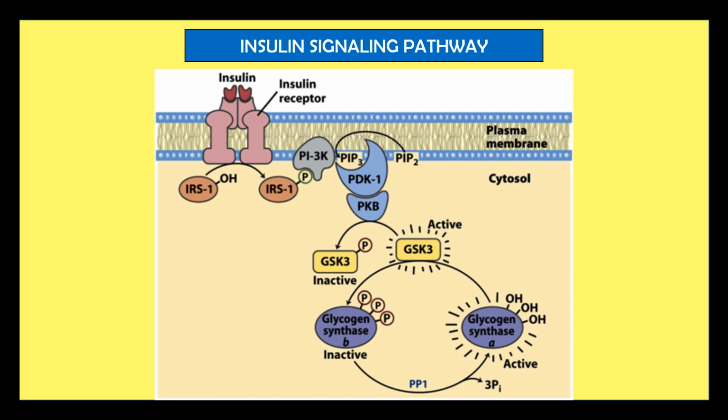So PKB also stimulates movement of the glucose transporter GLUT4 from the internal membrane vesicles to the plasma membrane, increasing the uptake of glucose. GSK3, inactivated by the phosphorylation, cannot convert glycogen synthase to its inactive form by phosphorylation. So the synthesis of glycogen from glucose is accelerated.